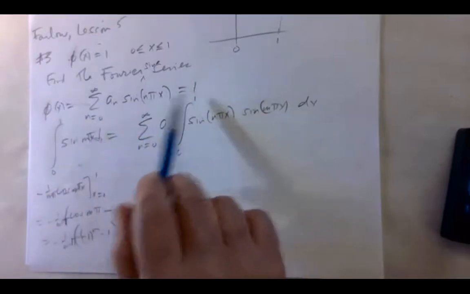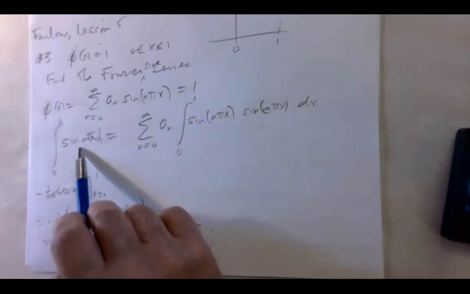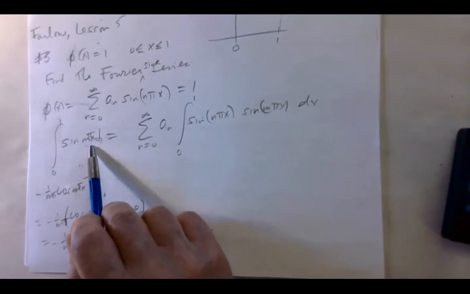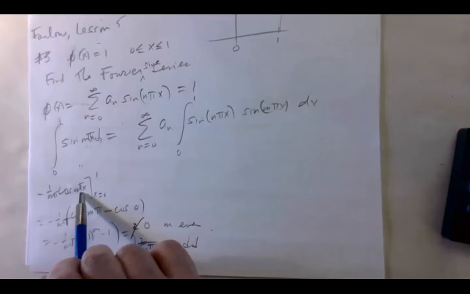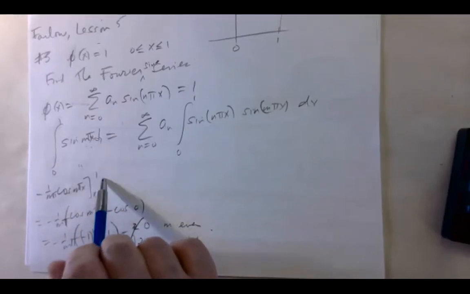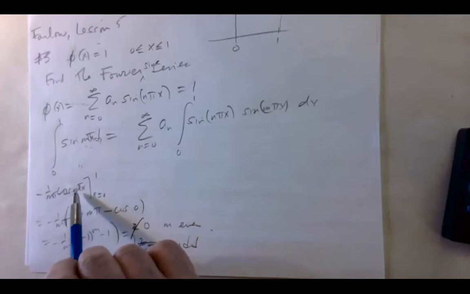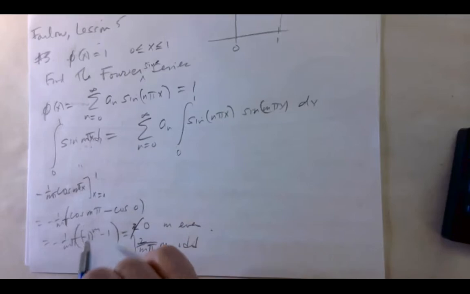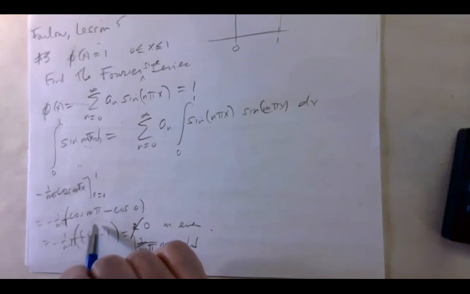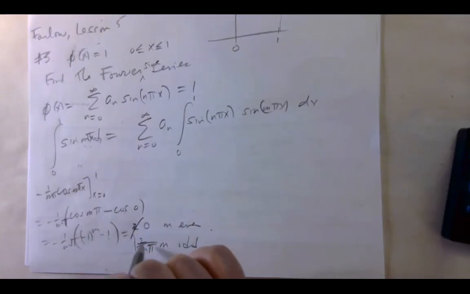So if I take phi of x, which is 1, and integrate by sine m pi x, I get -1/m pi cosine m pi x from 0 to 1. Cosine of m pi is -1 to the m, so -1 to the m minus 1 is 0 if m is even. It's 2/m pi if m is odd.